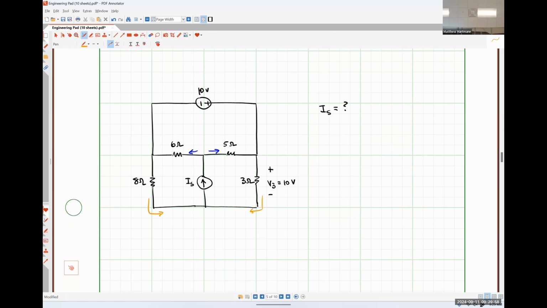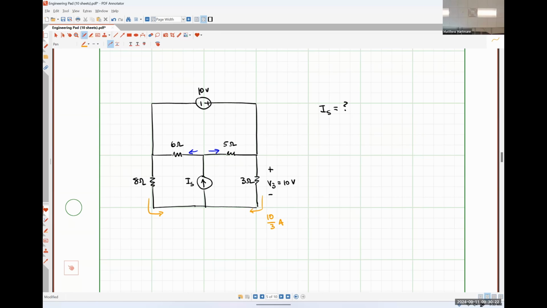Unless I'm doing my math incorrectly, and I'm not because I can do a fraction with the best of them, the current flowing in down here is 10/3 of an amp. So now we only need to figure out what the current flowing through the 8 ohm resistor is. That's the only piece of information that we're missing.